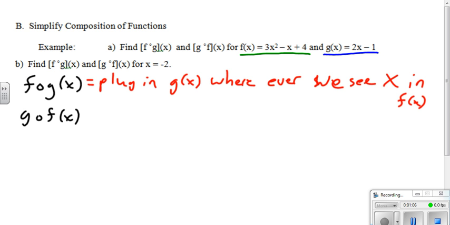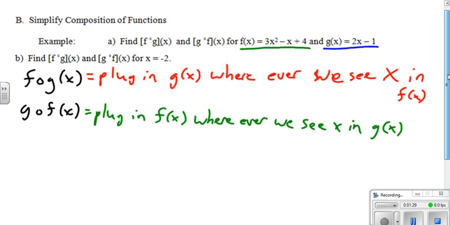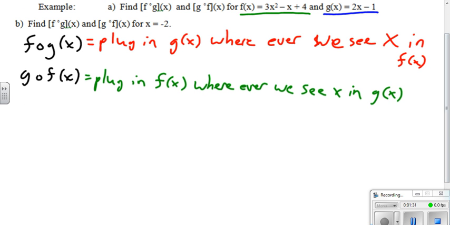I'll show you what that looks like in a second. Similarly here, we plug in f of x wherever we see x in g of x. That sounds a little bit confusing, but let's see how it all pans out.